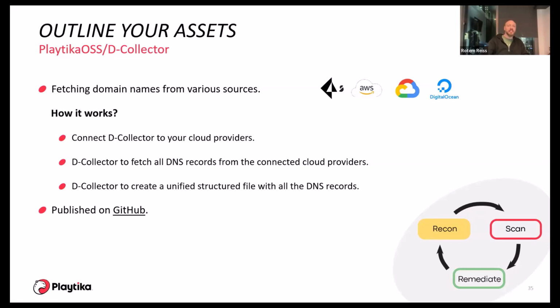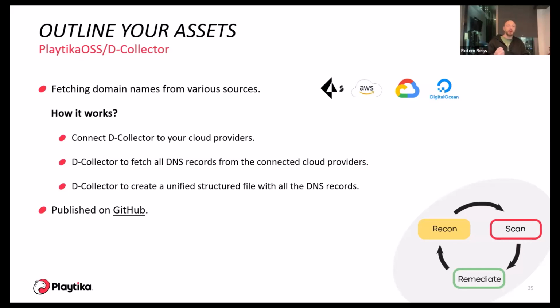So the first tool is called dcollector. What it does is fetch names from various sources like Amazon AWS Route 53, GCP, DigitalOcean, and Prisma Cloud by Palo Alto. Eventually, it goes to the cloud providers and fetches all the DNS records from there. It creates a unified structure of all the DNS records that we have.